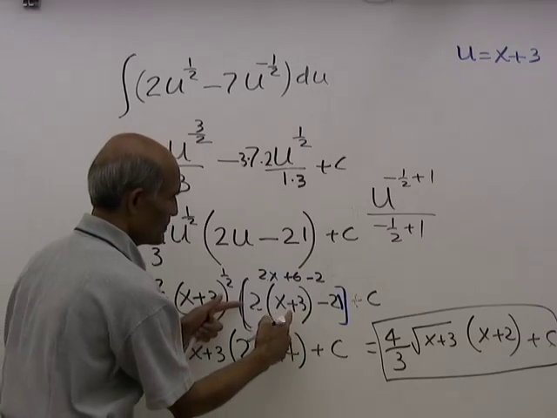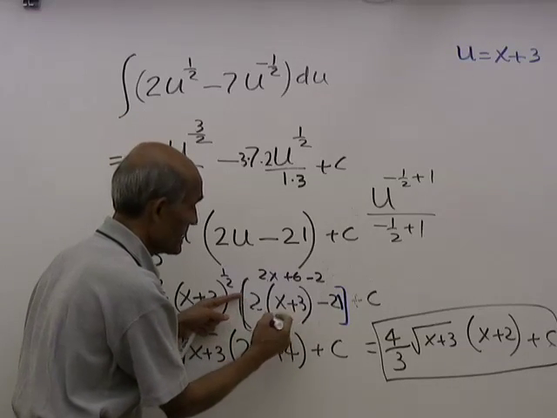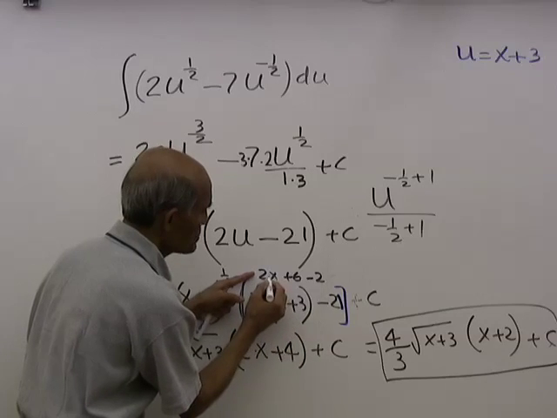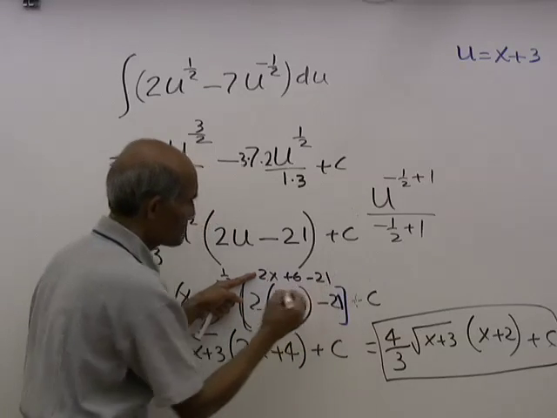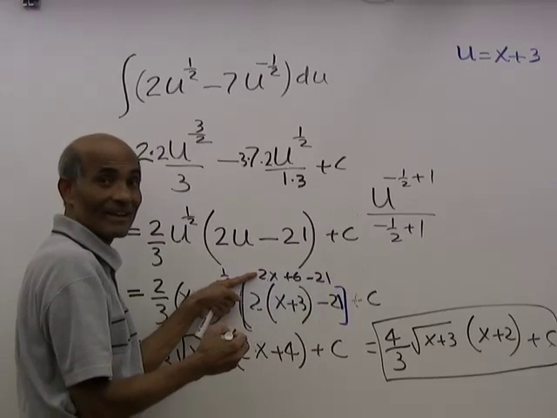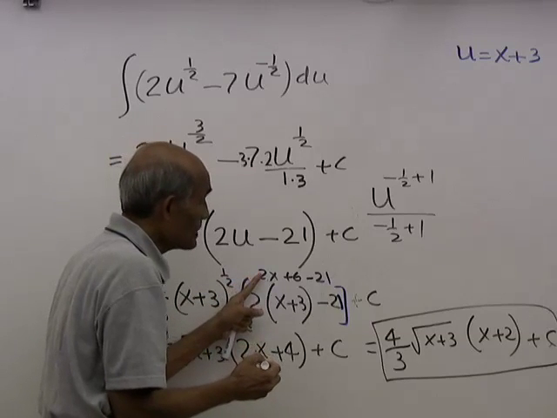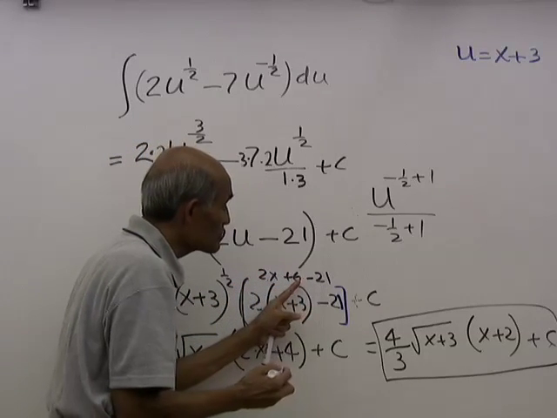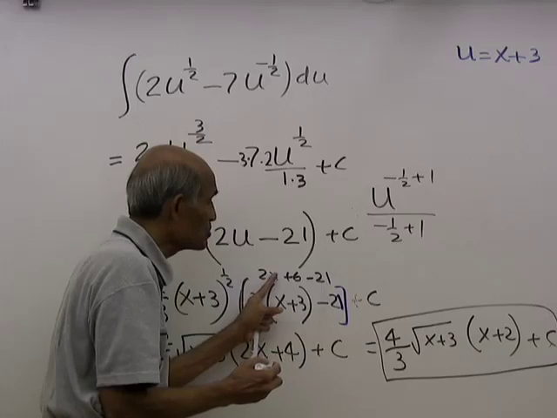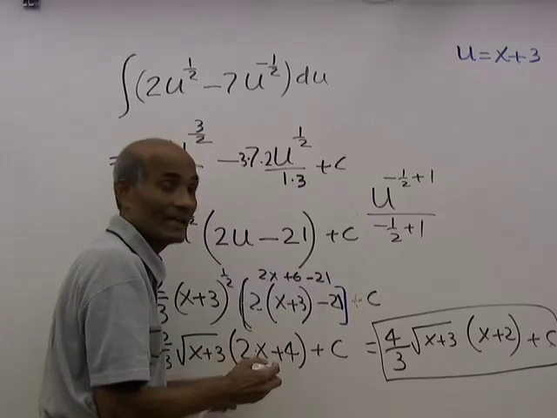That means the simplification I did here will remain, if you notice, 2x plus 6 minus 21. And that will be 2x plus 6 minus 21 will remain 2x minus 15.